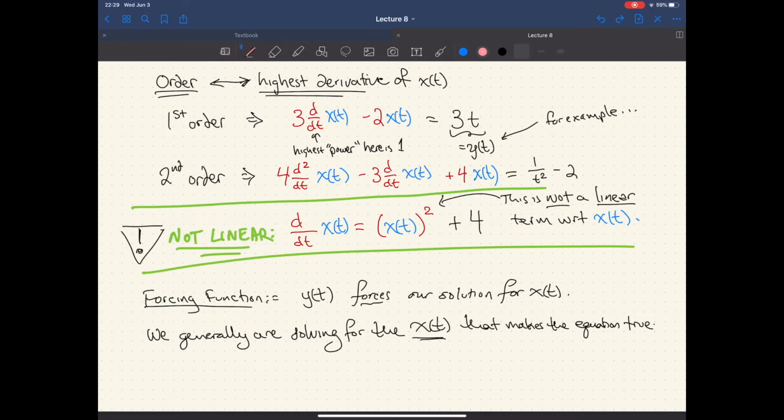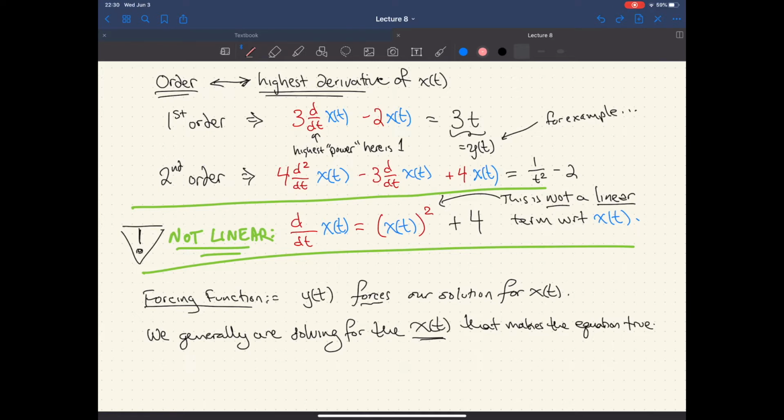All right, so here we go. What do we mean by order? Order is just the highest derivative of x(t) that we're taking in the differential equation. So in this example here, our highest derivative order is 1. So this is a first order differential equation. y(t) can pretty much be whatever we want, as long as it's nothing too nuts.